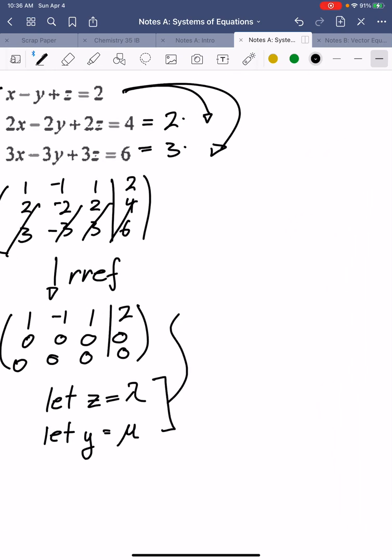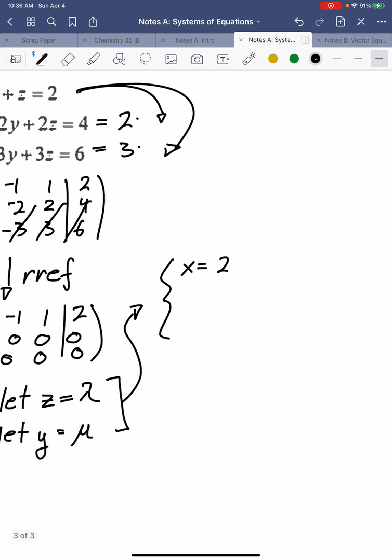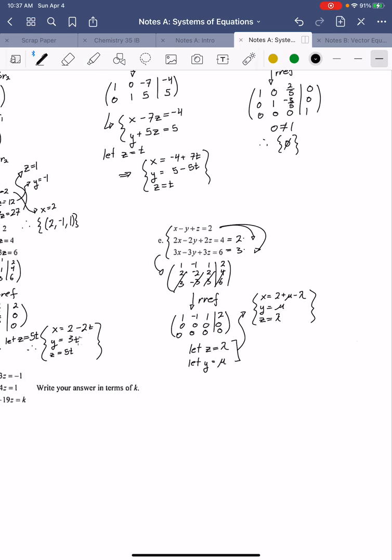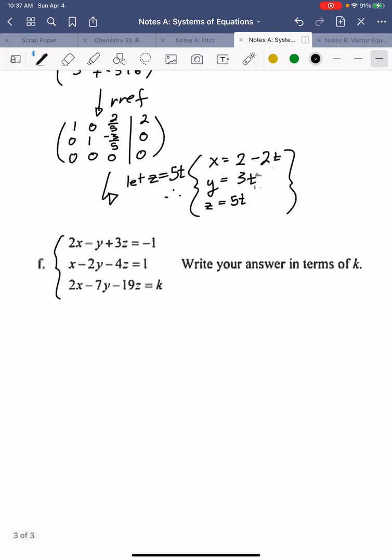So turning that into a system, we now have x equals 2 plus mu minus lambda. Then we have y equals mu and z equals lambda. That is our answer. That's a fun little thing.